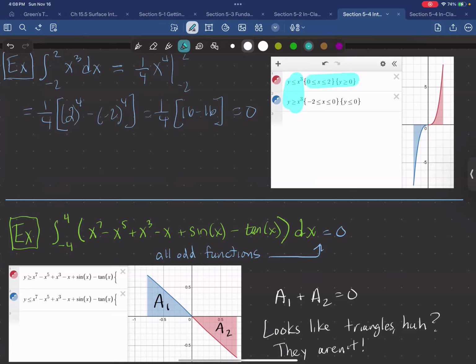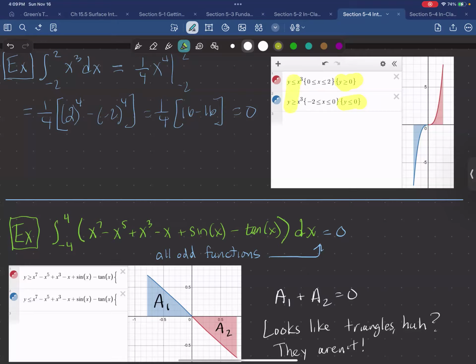So for y, where it was x cubed, I did 0 to 2, and that was different from what it looks like from negative 2 to 0. And then after I saw what was happening with the shading, I added in these and picked these so that it looked right.